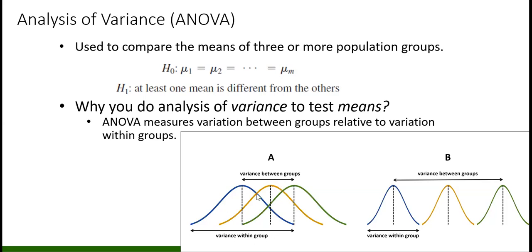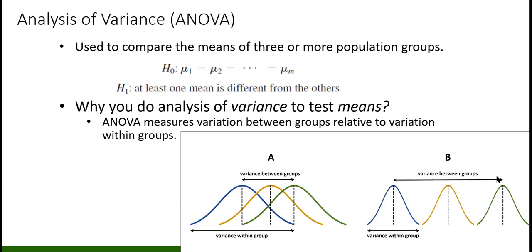When that happens, the centers of the groups are pretty close to each other, and that doesn't provide enough evidence to say that the distributions are significantly different, or that at least one of them is different from the others. Whereas in panel B, the variance within groups is much less than the variance between groups.